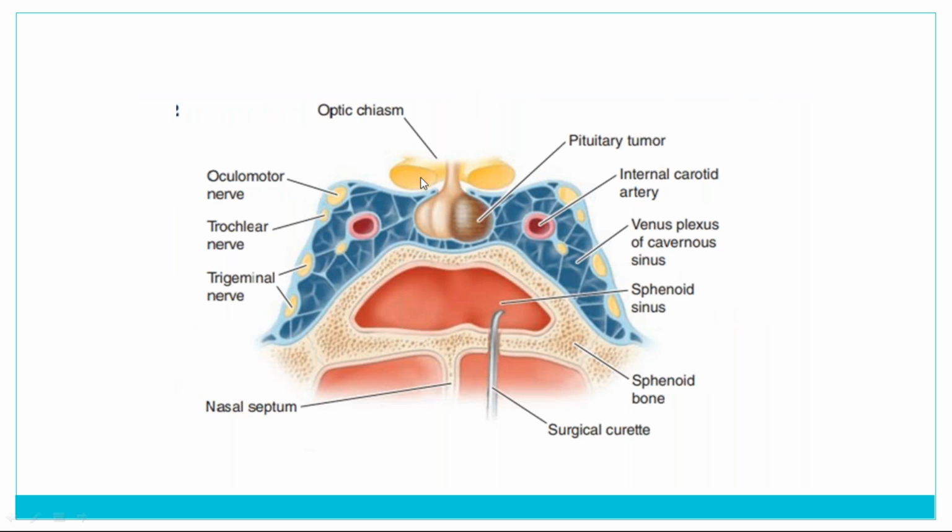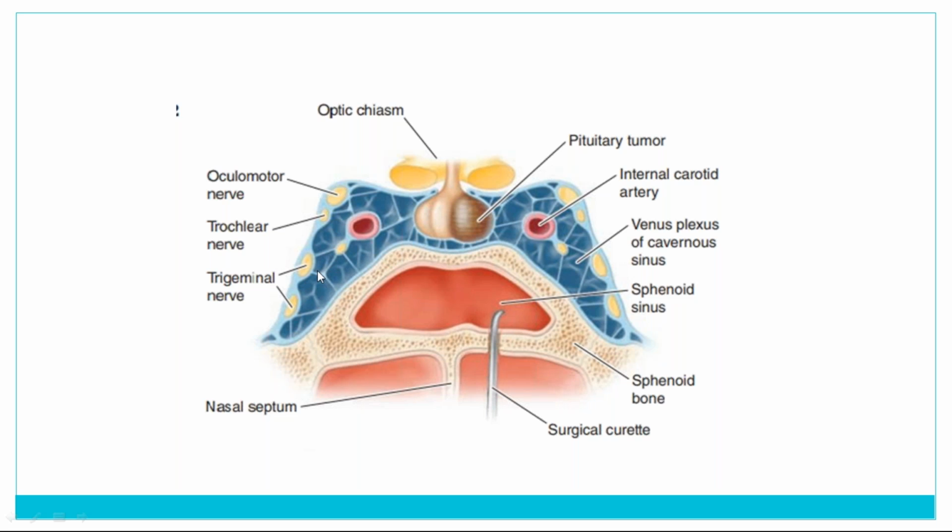You can see the relations of the pituitary gland. If there is a tumor in the pituitary, what is this? What is this on either side of the pituitary? Someone answer.